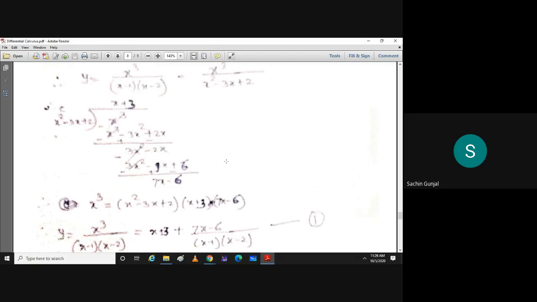So how do you write x cube? x cube is equal to x square minus 3x plus 2 into the quotient, that is x plus 3, plus the remainder, that is 7x minus 6.